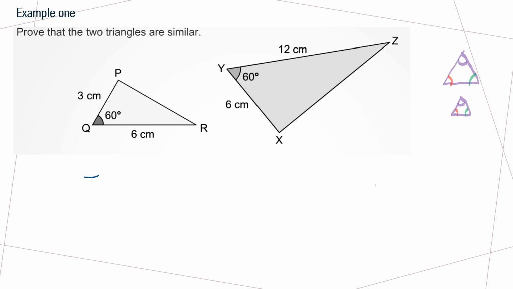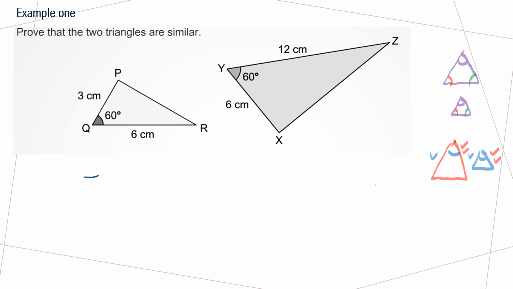Then the second test is that if you have two triangles, you're given two corresponding sides, and then the included angle.